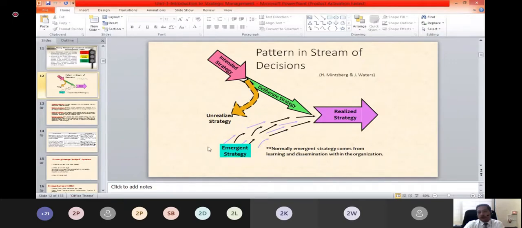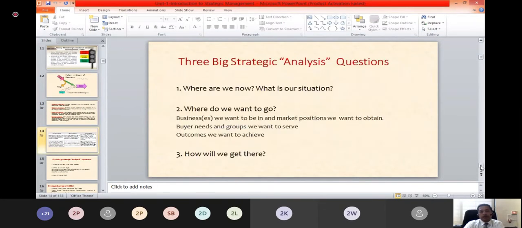A few strategies may come in between during implementation, which may be called emergent strategy. And finally, the realized strategy, the actual implemented strategy, may be the result of all the strategies and different factors which come in between and affect the implementation.